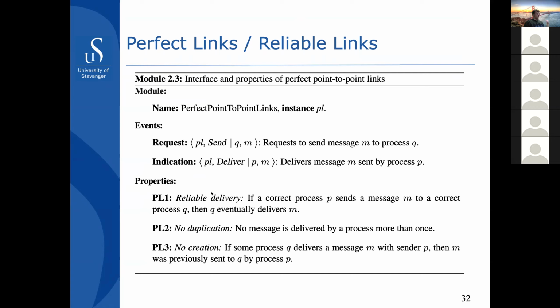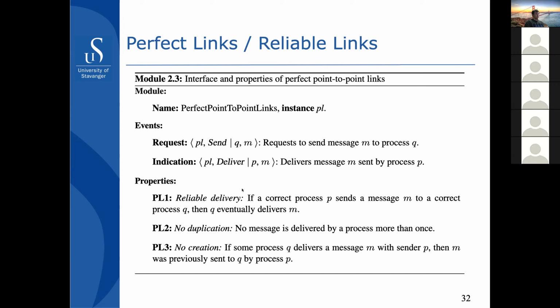This module has 3 properties. The property number 3 is the same as we saw before, but now we have property 1, reliable delivery: if a correct process P sends a message M to a correct process Q, then Q eventually delivers M.